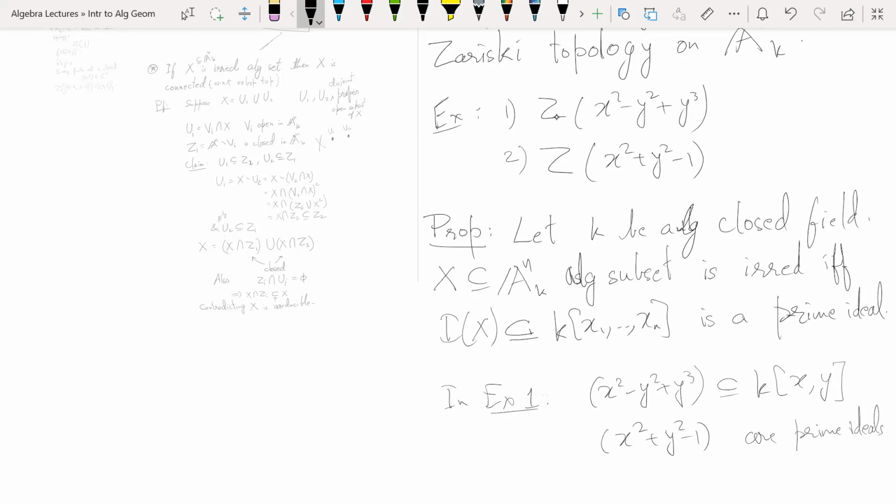But that is assuming that this is a prime ideal. Then I also have to check why K adjoin t and the square root of t cube minus t square is a domain, which is the same as saying that this is irreducible.